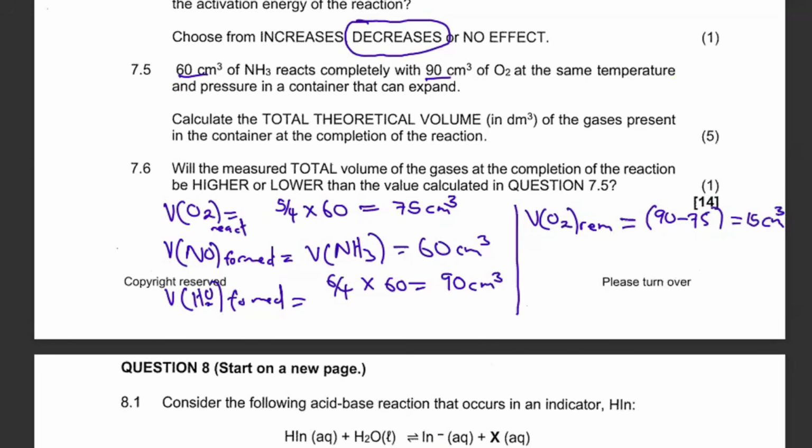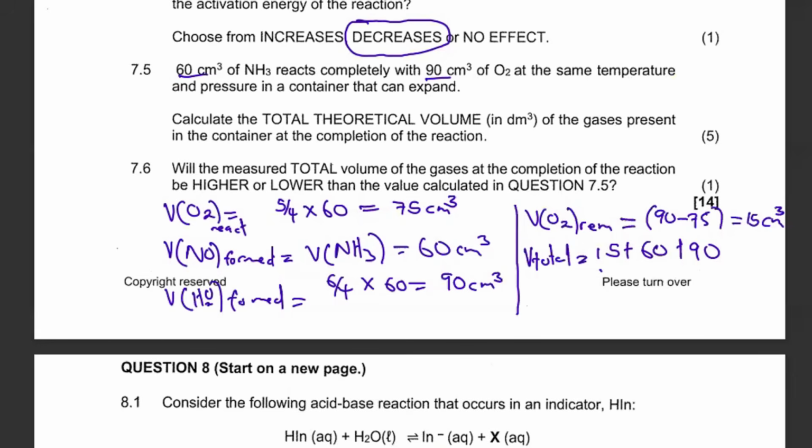Then the total volume is going to be 15 plus 60 plus 90. If we add 15 plus 60 plus 90, it is equivalent to 165.